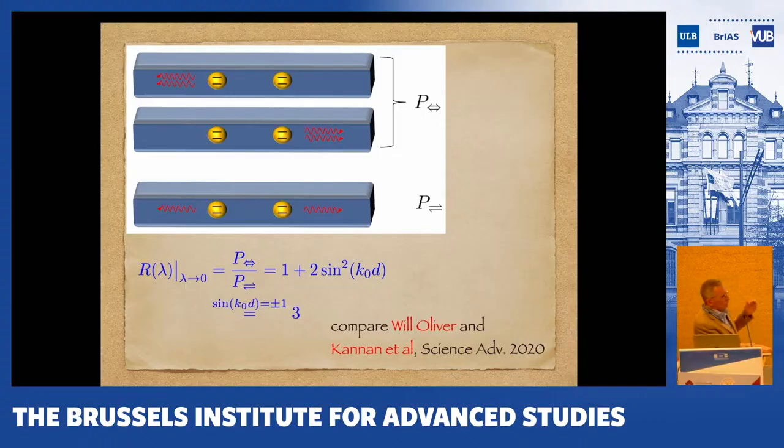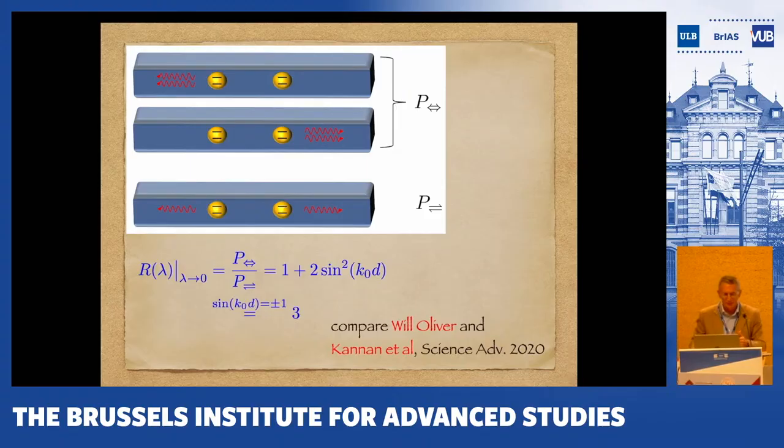When you go to the small coupling limit, this ratio becomes 3. So it's not a diode, because you would like to have 100% probability. It's not 100%, but you gain a factor 3. So the probability that the two photons are emitted in the same direction rather than in opposite directions is 3, which is not infinity, but it's something.